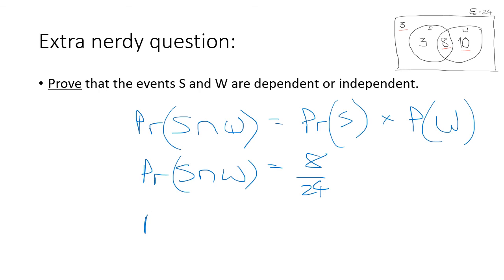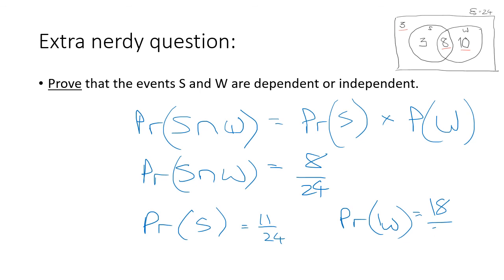Then the probability of S, of getting the snakes, was 11 out of 24. And the probability of W, which was getting the wasps, is 18 out of 24, which I will simplify slightly because that's going to make my life a little bit easier.